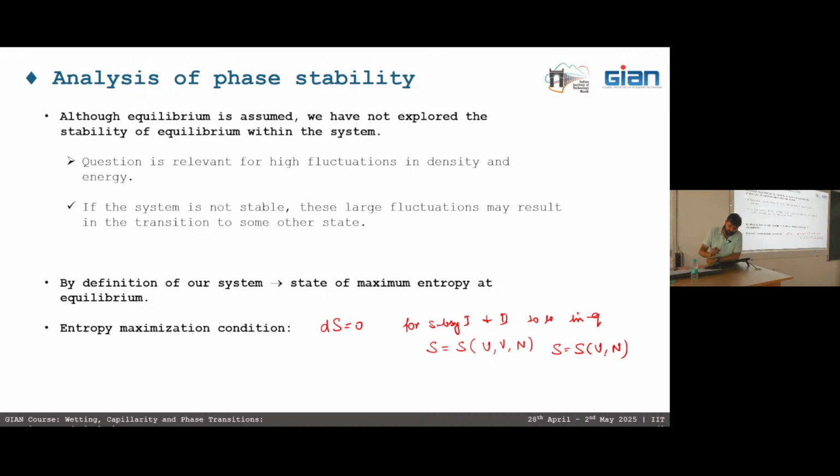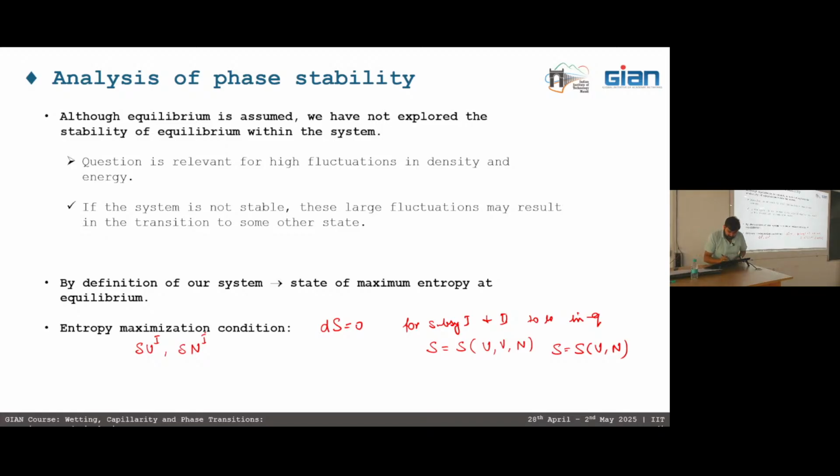Now, for any perturbations that occur in internal energy and number of molecules, let's suppose perturbations delta U1 and delta N1 in subsystem 1 occur in the system. That will lead to fluctuations in entropy as well.